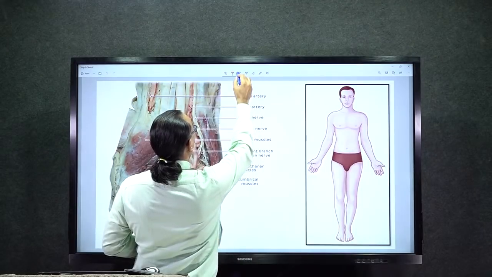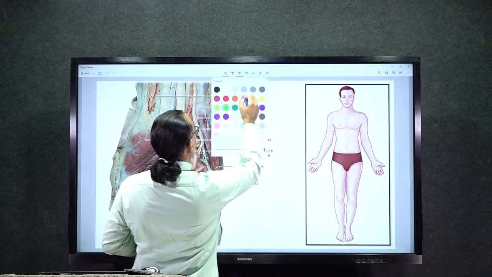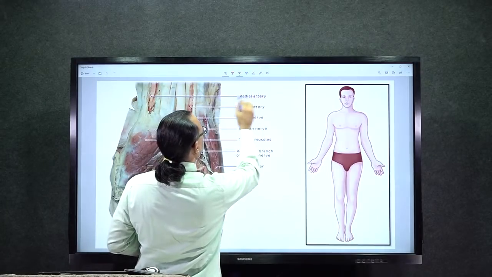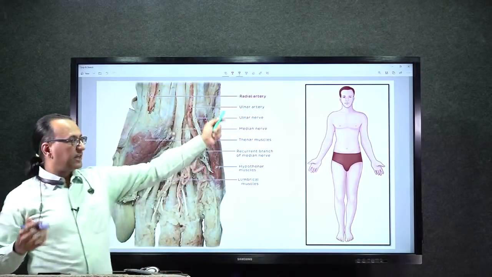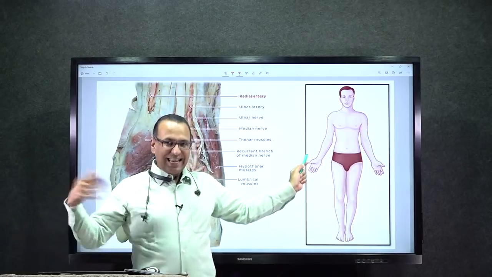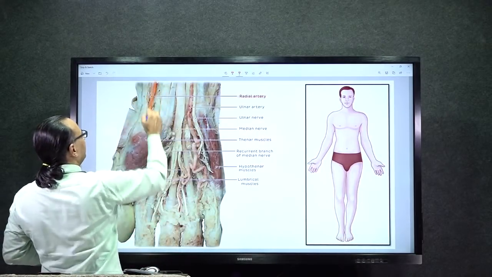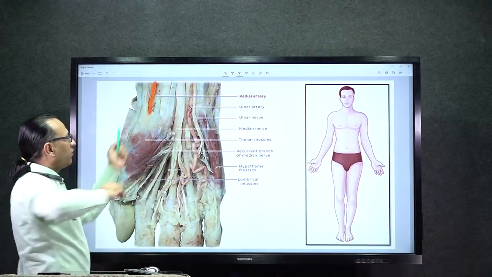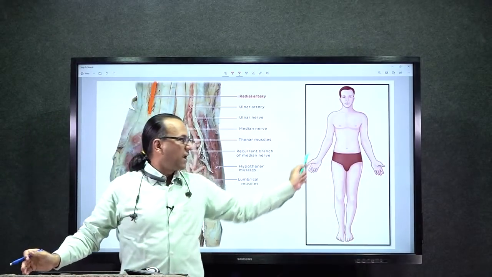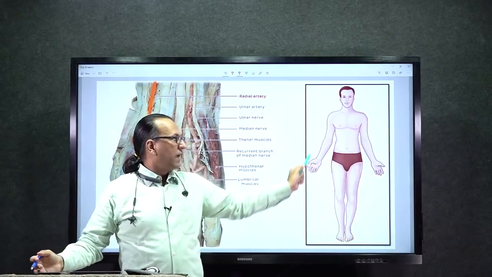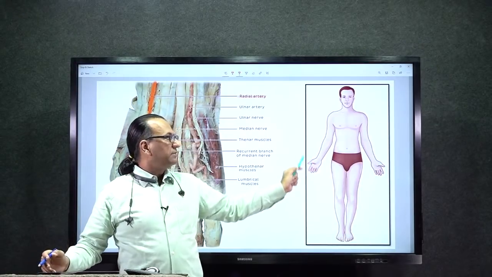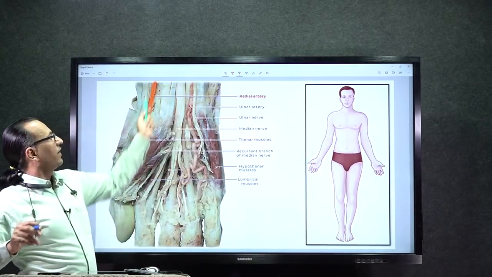As you see here, this is the radial artery towards the radius bone. Radius bone is a lateral bone. So laterally, you see, this is the radial artery. How do you identify the radial artery or the radius bone? And then here you can take the pulse of the radial artery.